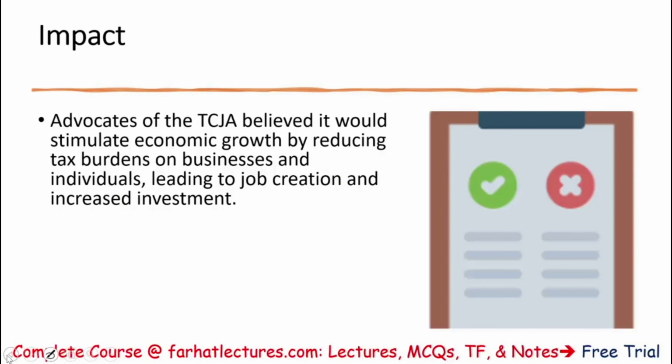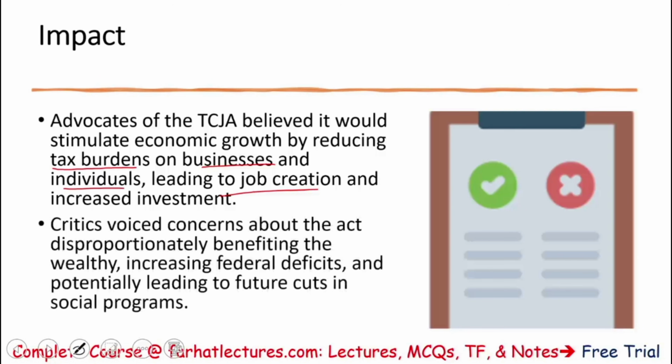Again, same story again and again. Advocates believe it stimulated the economy by reducing the tax burden on business and individual, leading to job creation and increased investment. Critics, again, it disproportionately benefited the wealthy, increasing the federal deficit, and potentially leading to future cuts in social program. Because if your deficit goes up, the government cannot intervene to help people.